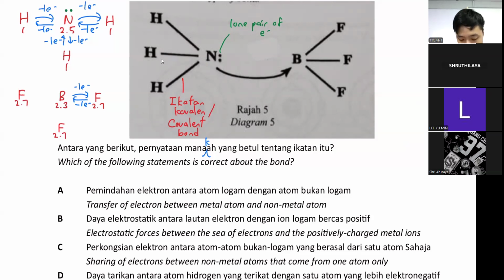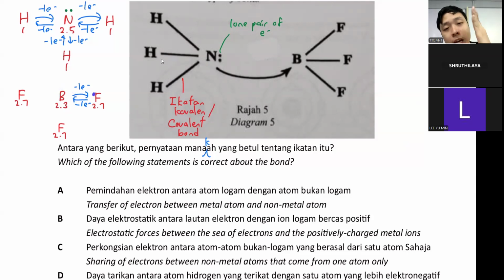So again, boron is not achieving full. If it's only able to share 1, it means in this case you still need another 2 F to share with the B 1 electron each.